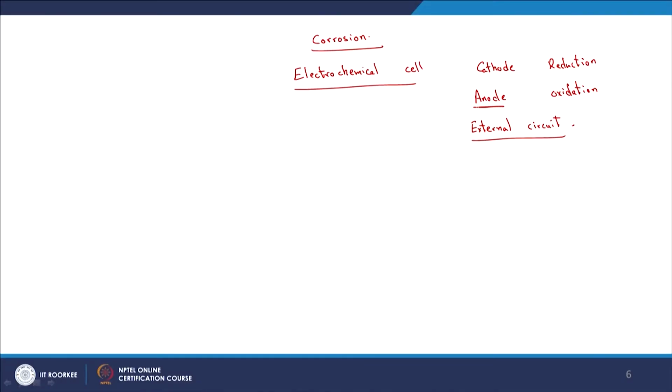So in general, when we talk about corrosion of metals, for example, zero valent iron Fe oxidizing to Fe2+. Here the metal, or the surface of the metal, is your anode, where the corrosion takes place. And the cathode, obviously, depends upon what is the electron acceptor out there. We are going to look at those aspects.